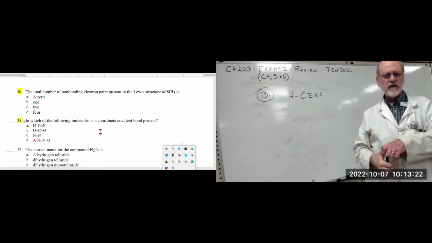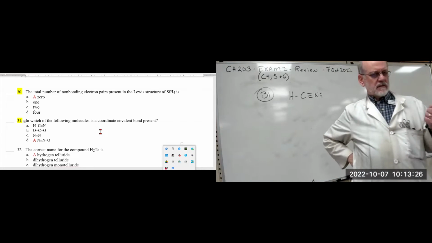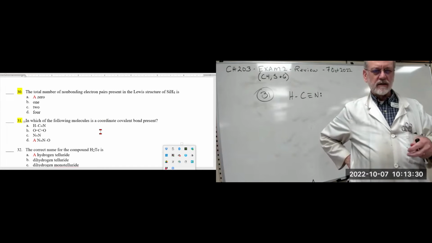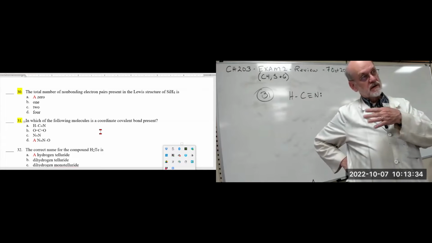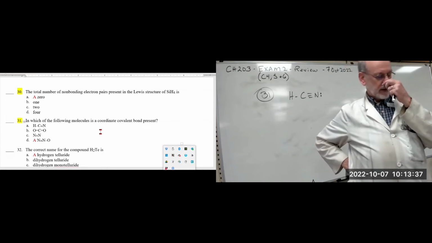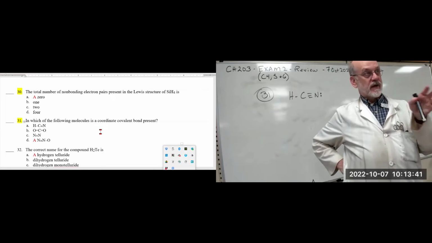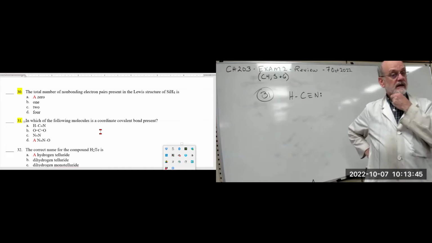Well, one of the things about covalent bonds is that's really not a fair question. Sort of, but not really, unless you remember our discussions in the lecture part of the course. We actually talked about this one and some others like it.